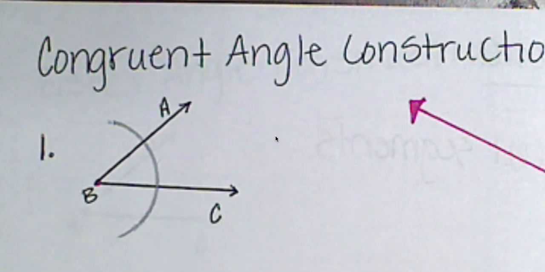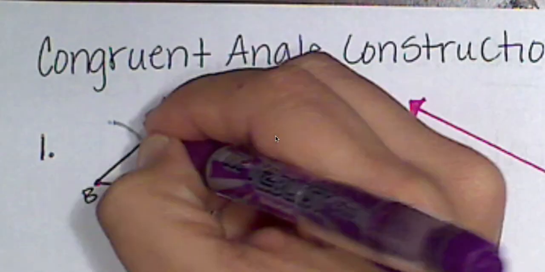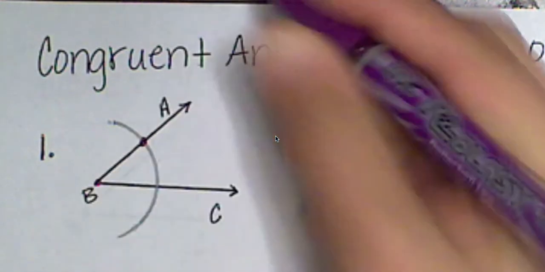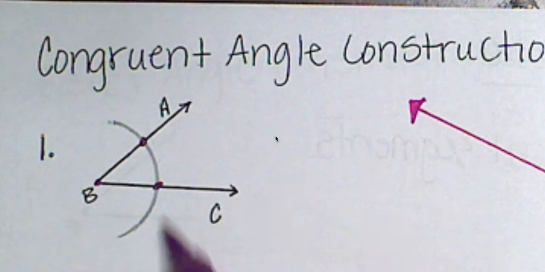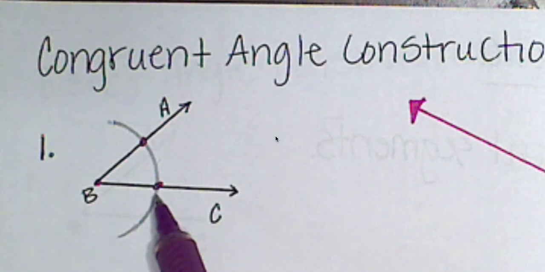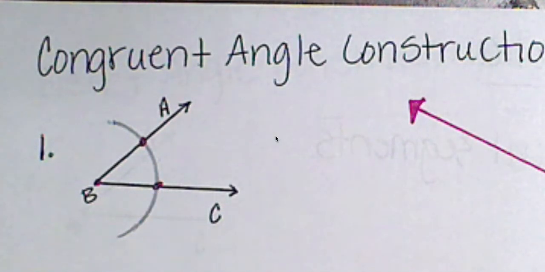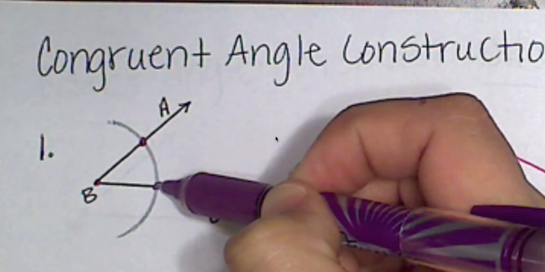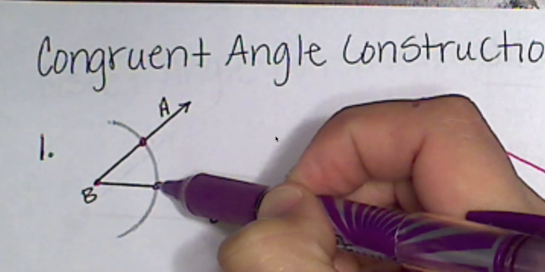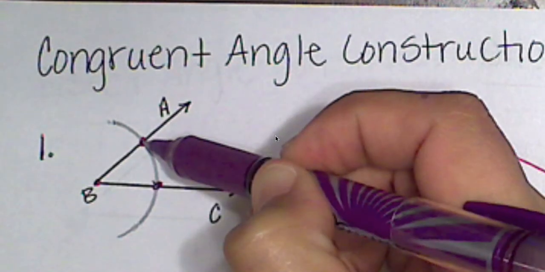So now that we have our arc drawn in ABC, it crossed our ray at this point here. I always put these points here so I don't forget to do this. And it also crossed our ray at this point here. Now because we just drew a ray, we have to figure out the distance between the point on this ray and the point on this ray.